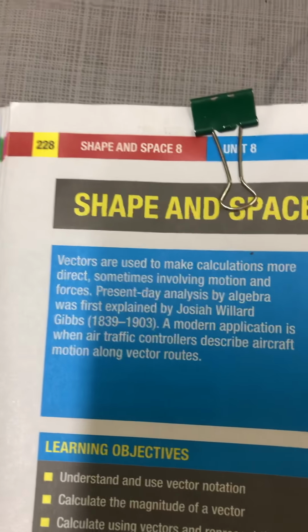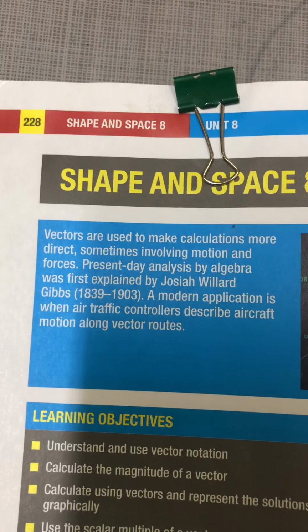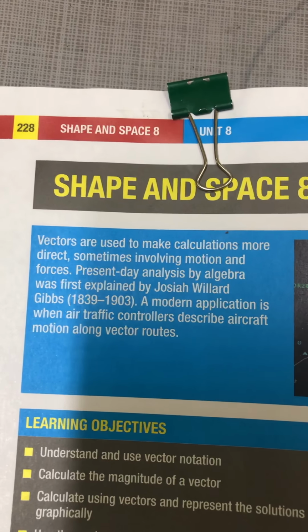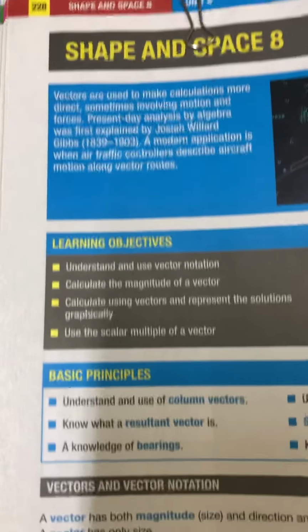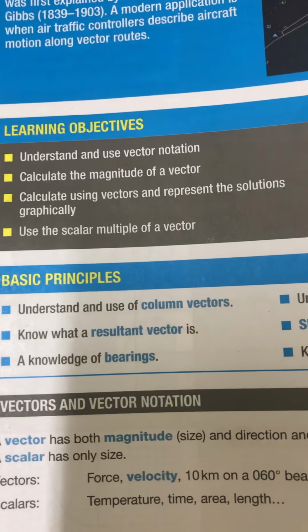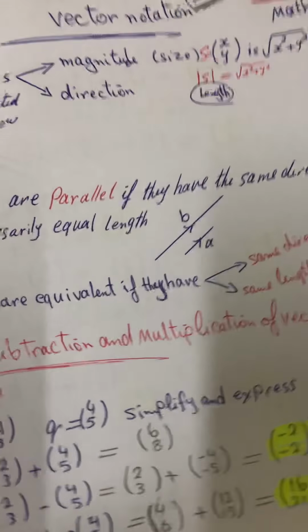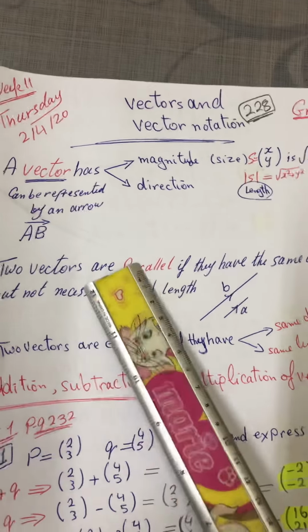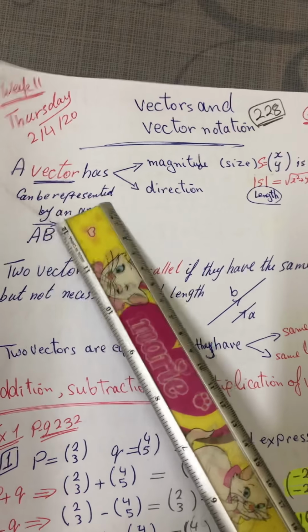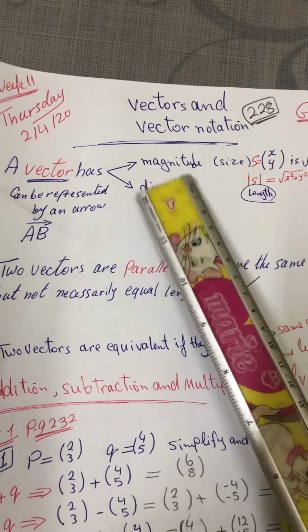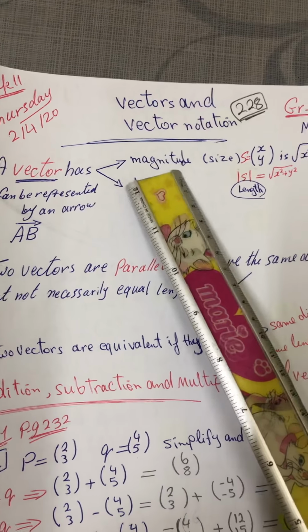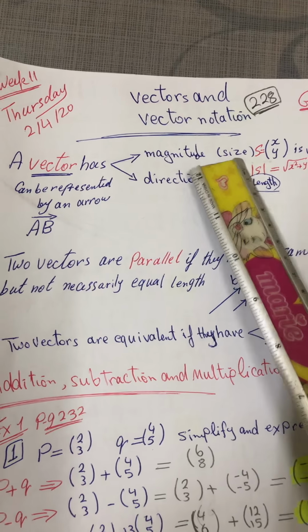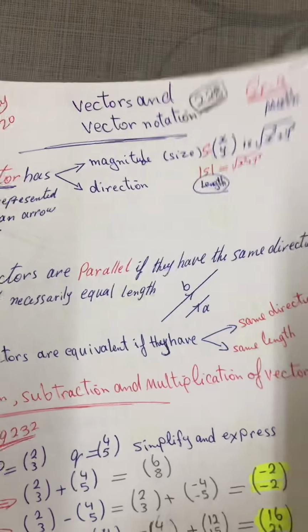Look here, we are in page 228, unit 8. Okay, I'll talk about vectors and vector notation. I want you to remember with me that a vector has two important properties: it has magnitude, or size, and direction.